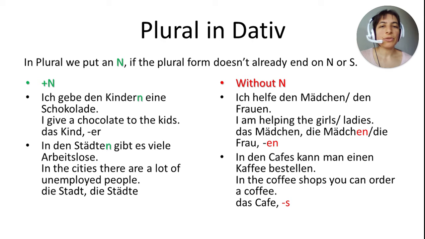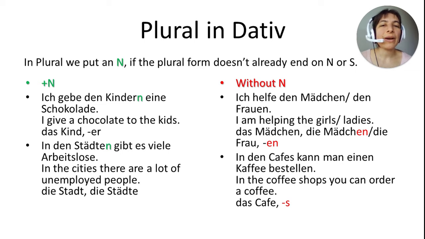Kinder, you know, das Kind, die Kinder, and here in Dativ den Kindern. Or in den Städten gibt es viele Arbeitslose. Die Stadt, die Städte. And here in dative plural, you put an n to the noun as well.